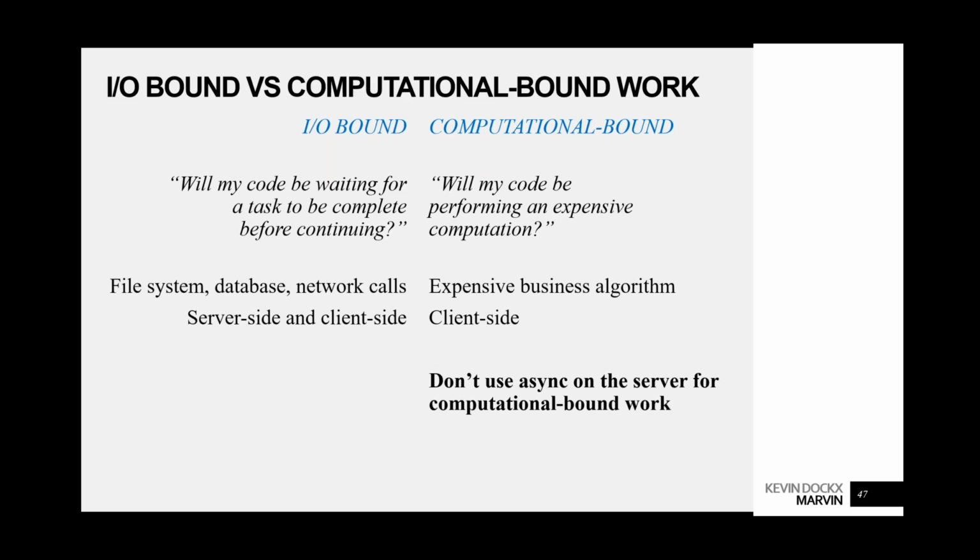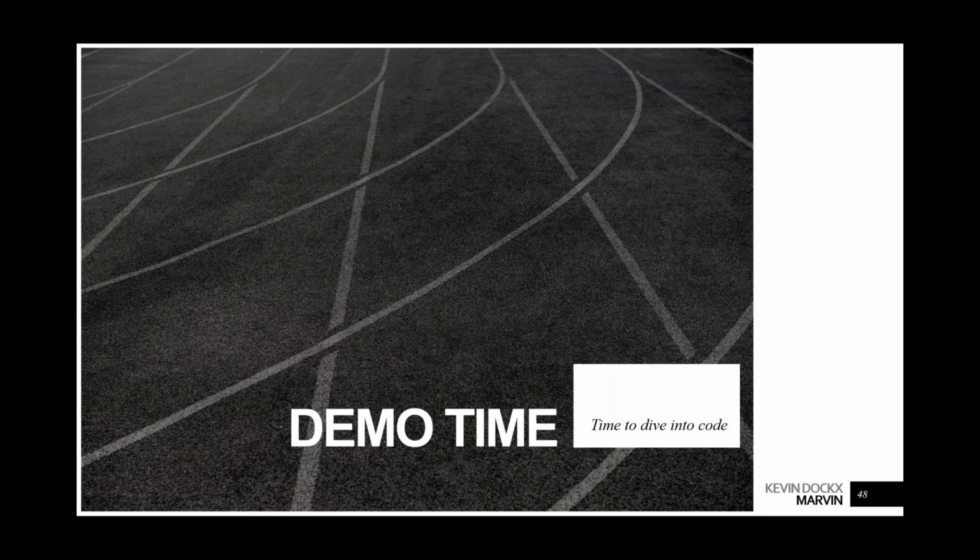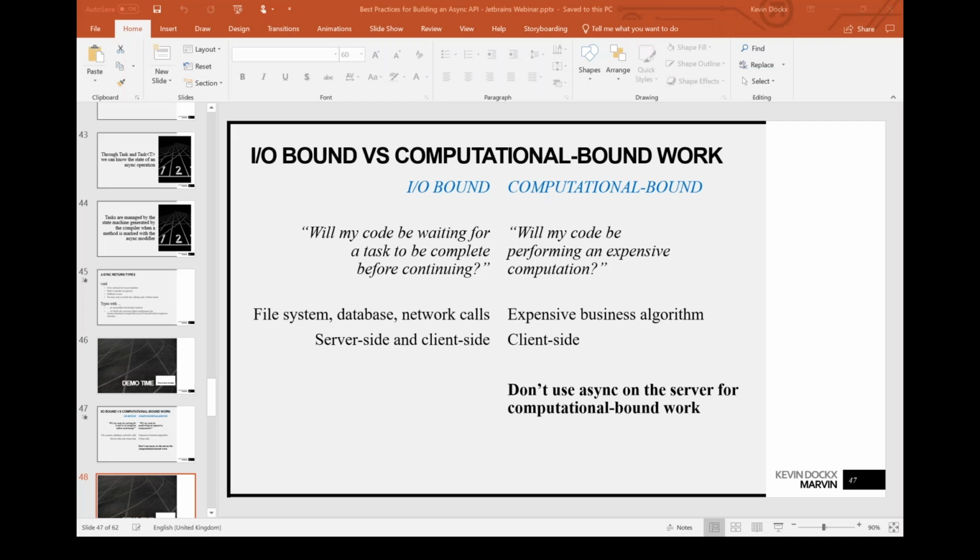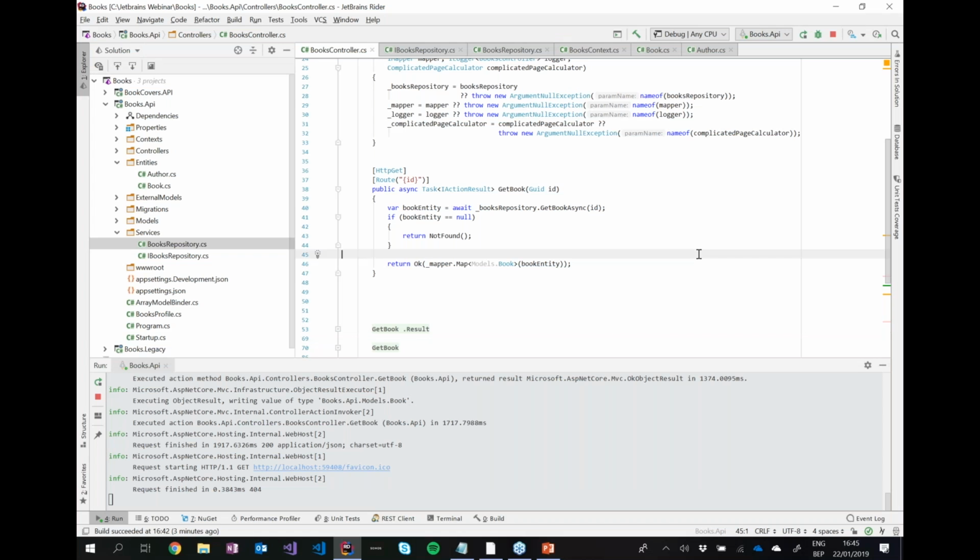It's something that would urge me to write async code, yet it is a bad idea. And we'll get into an example quite soon. First, time for another demo surrounding this. And you'll immediately see the difference between something that's IO bound and something that isn't IO bound, so something that warrants async code and something that doesn't.